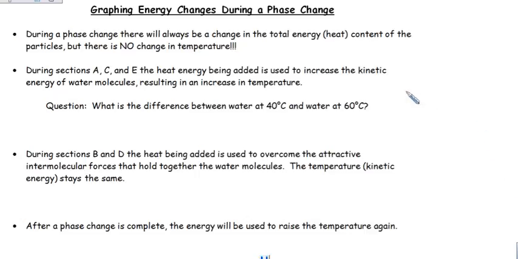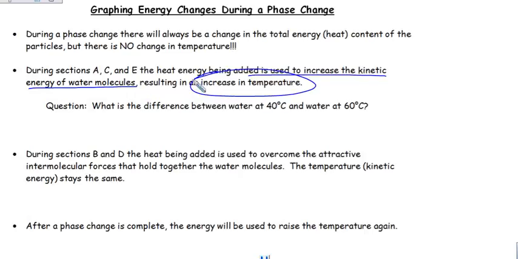So at A, C, and E, when the temperature is changing, the heat that's being added from your hot plate or your Bunsen burner or wherever it might be, that heat energy is being used to increase the kinetic energy of the water molecules.